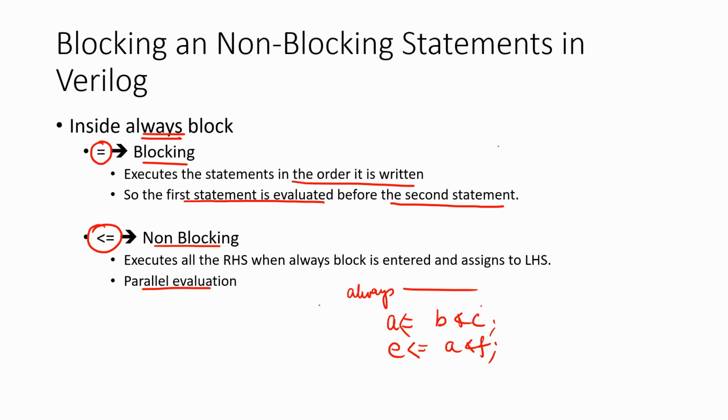All these assignments will be evaluated first, and then these will be assigned. So the order doesn't matter because it's like a parallel evaluation. Because of this also we will see mismatches.